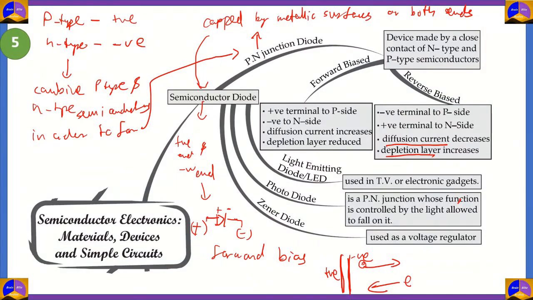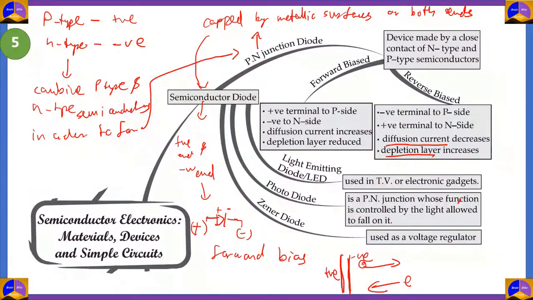Now, if you connect the diode to an external source, the increasing voltage disrupts the depletion layer. Since the depletion layer gets reduced, the transmission of charge carriers is possible once again, but this time due to the external electric field.